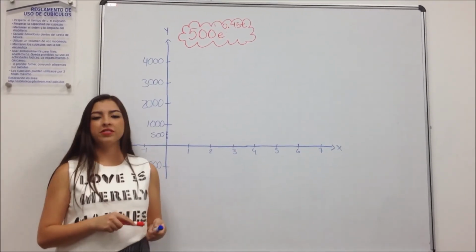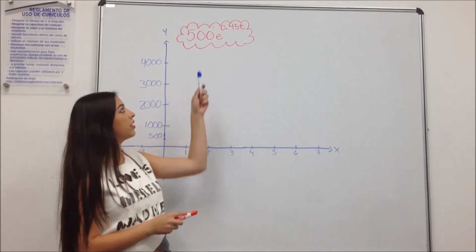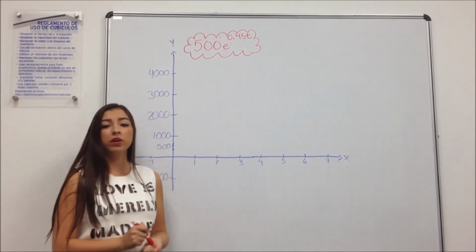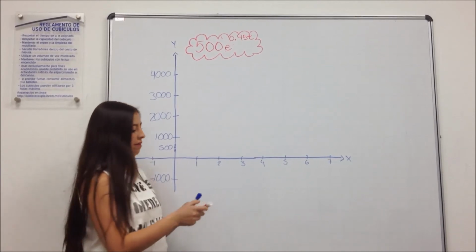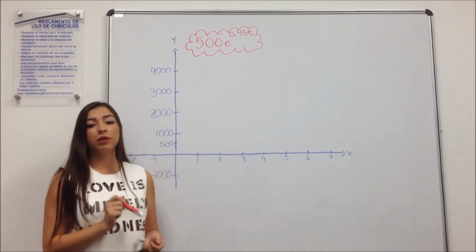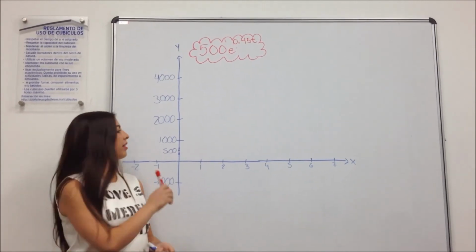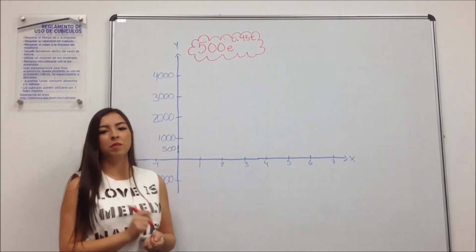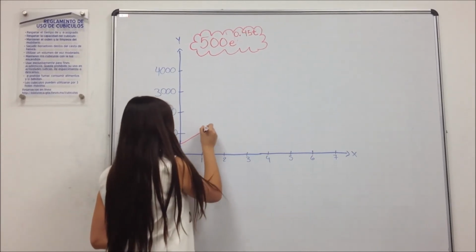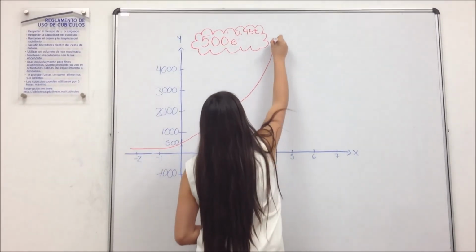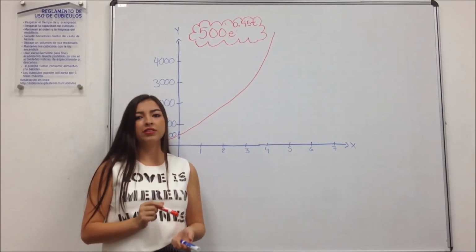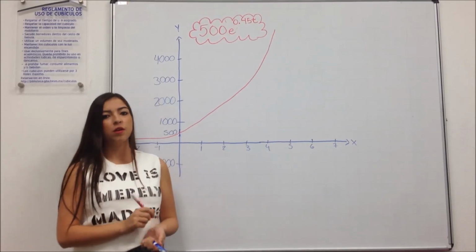This graph shows the function 500 e raised to the power 0.45t. We have the initial population that is 500. When we graph, we determined that this line continues growing upward, and this makes reference that the amount of bacteria will continue growing.